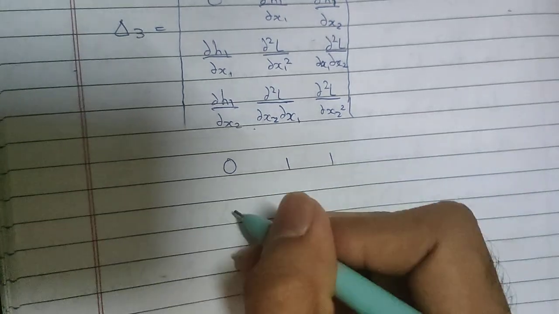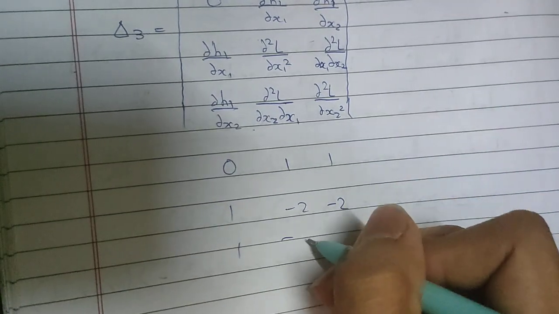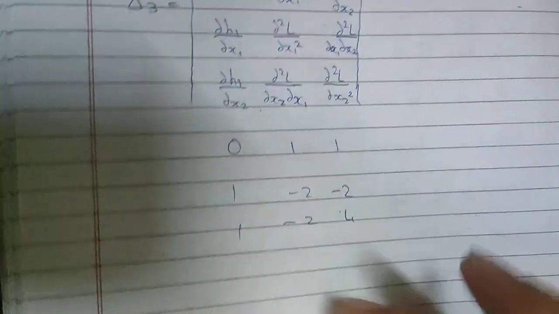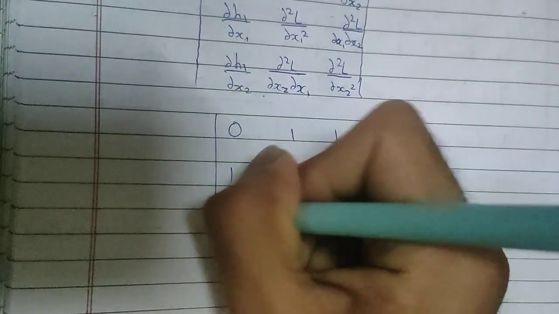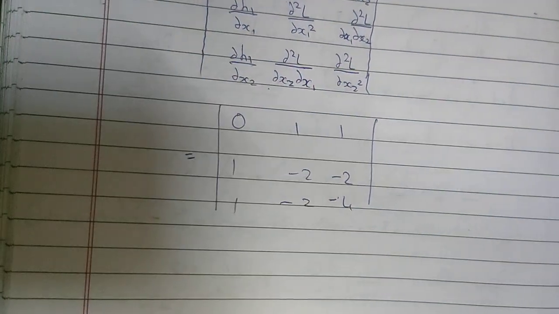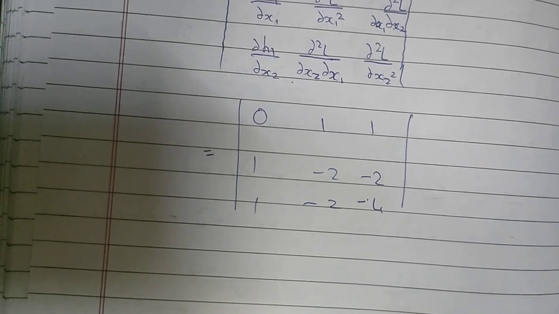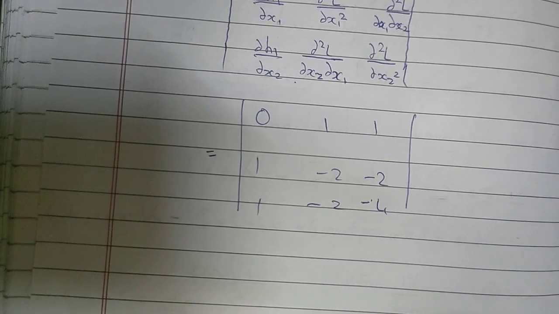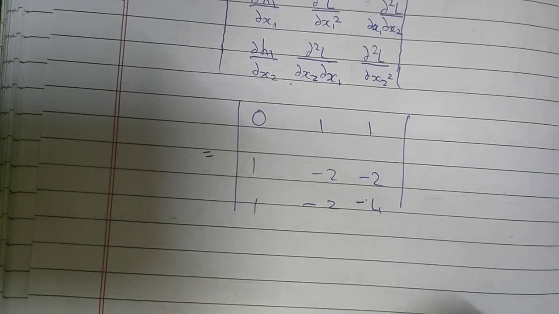Nice. So now let's substitute the values over here. We get 0, 1, 1, 1, 1. I think this was -2, -2, -2, and this was -4. Wait, let me check. -4, correct. Now I'll put this matrix into my calculator: 0, 1, 1; 1, -2, -2; 1, -2, -4.